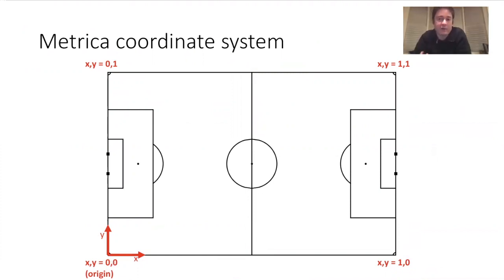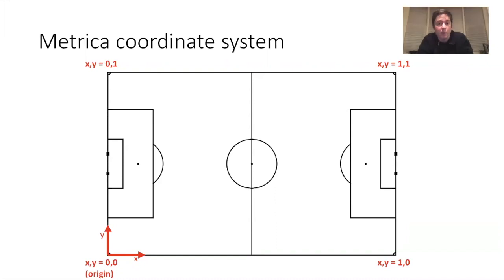Now, I find it easier to work in a coordinate system in which the distances are in more recognizable units like meters or yards, so that we can go on later to calculate quantities like player speed in meters per second, or the distance of a shot from goal in meters.